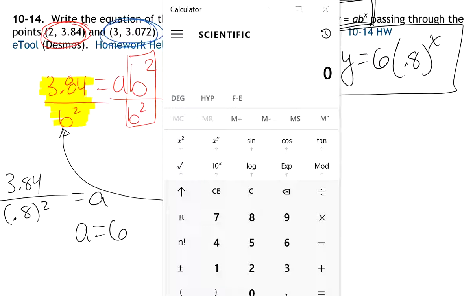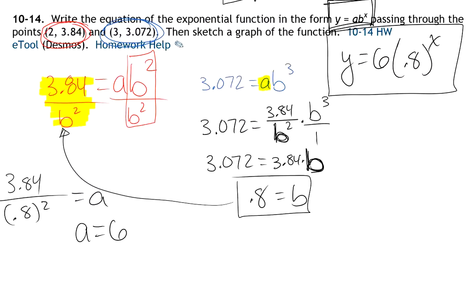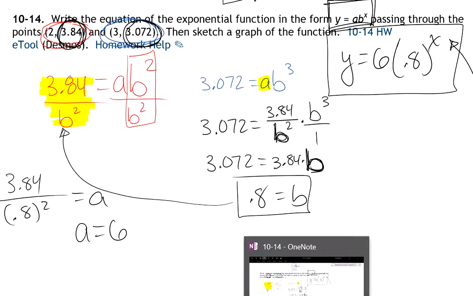So what I can do is grab this calculator, and if I take my x value of 2 and plug it into this equation, it should produce this value of 3.84. When x is 2, I should get 3.84. And when x is 3, I should get 3.072. So I just want to verify that.